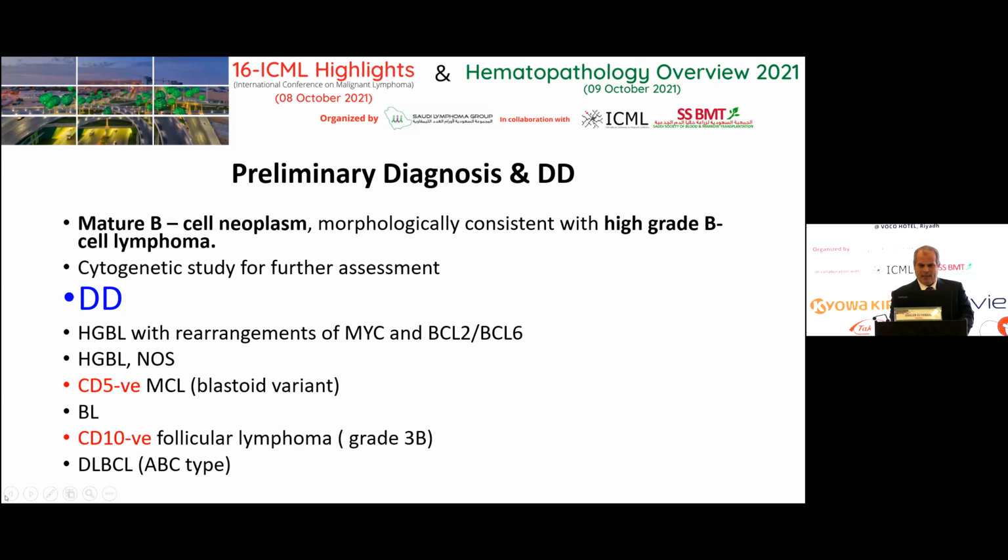So for the preliminary diagnosis, as we know, FISH and karyotype usually come not on time. So we reported this case with a differential diagnosis: high-grade B cell lymphoma with double hit, or NOS; maybe CD5 negative mantle cell lymphoma with blastoid variant; maybe Burkitt lymphoma, which also has high Ki-67 and blastoid features, although morphologically it does not look like it.